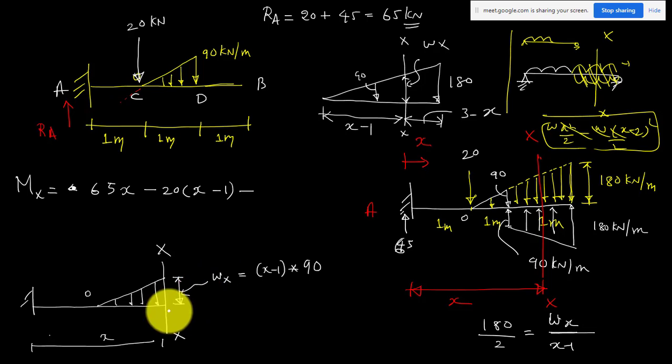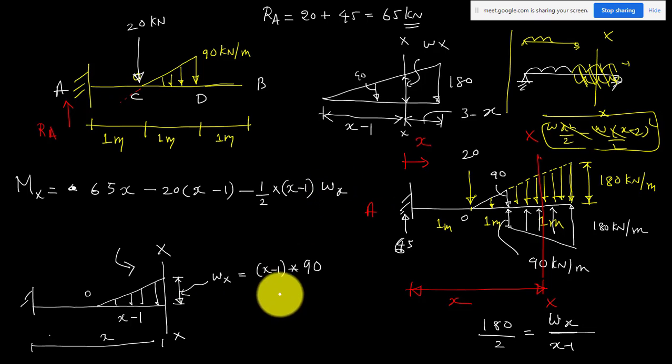So now I can write the equation for the moment due to this uniformly varying load. What is the intensity? It is Wx. The moment due to this is in the anti-clockwise direction, that is negative moment, so negative. So moment is half into, what is this length? That is x minus 1, half into x minus 1 into Wx.